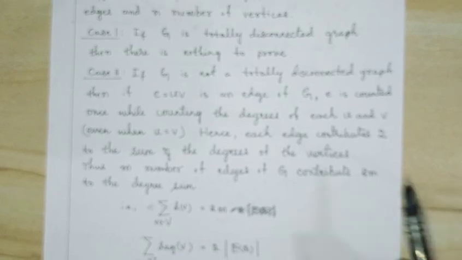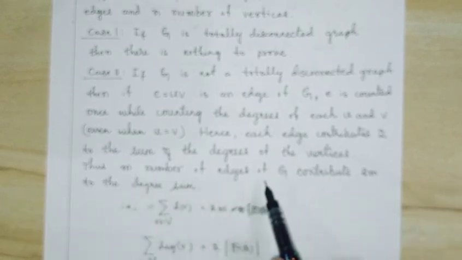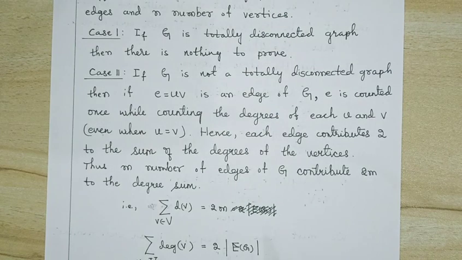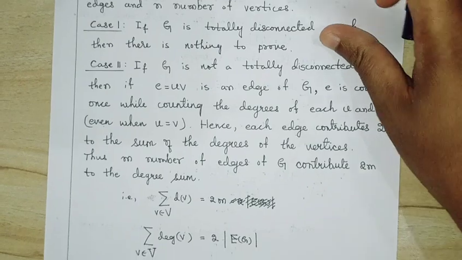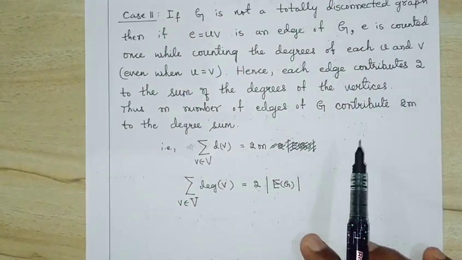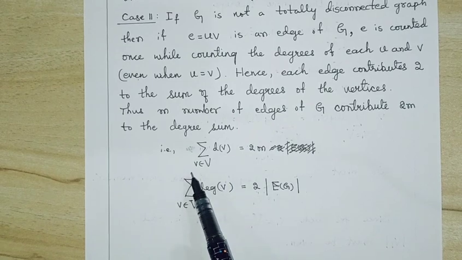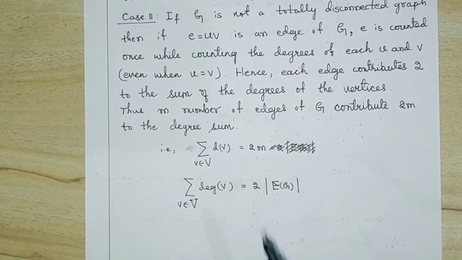If we have m edges, definitely it will contribute 2m to the degree sum. So the sum of the degrees of v, for each vertex v belonging to V, is 2m.